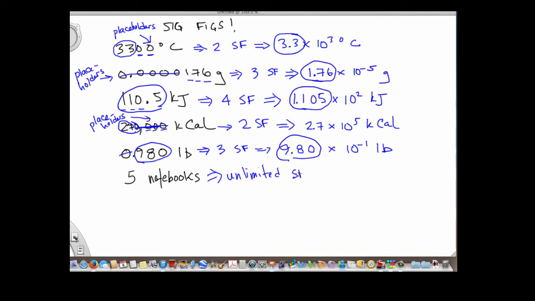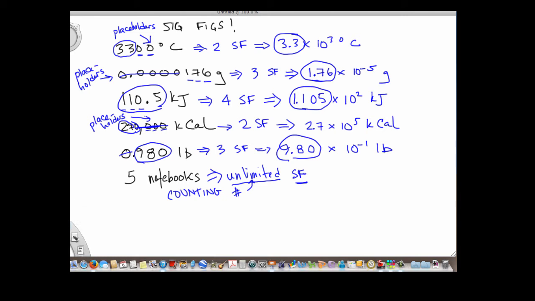Why? Because it's exactly that number. 5, it's implied that it's 5.00000 onward and onward. That's an unlimited number of significant figures. So any time that we have a counting number, it is going to be an unlimited number of significant figures.